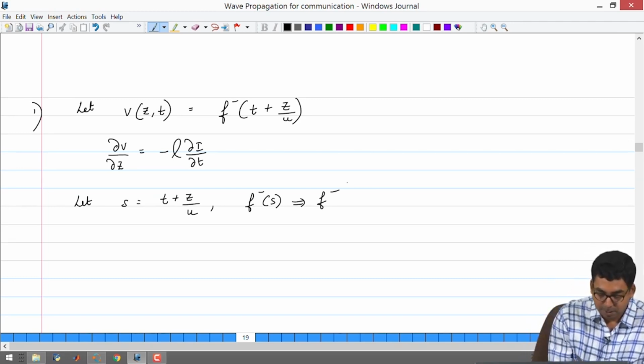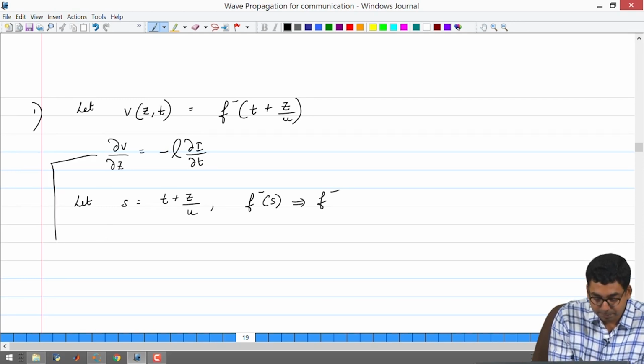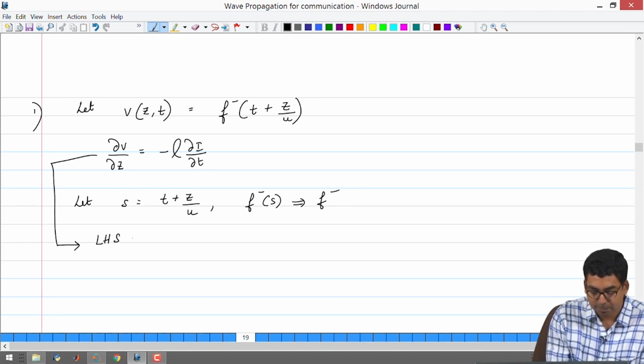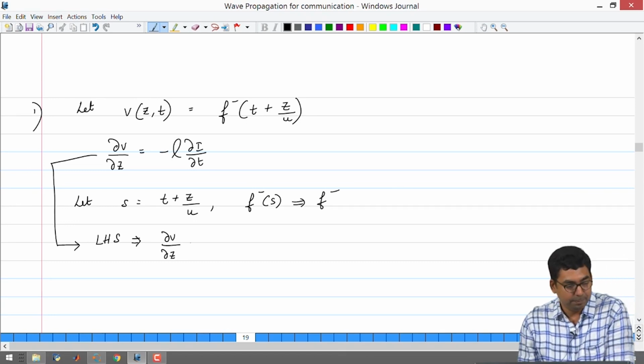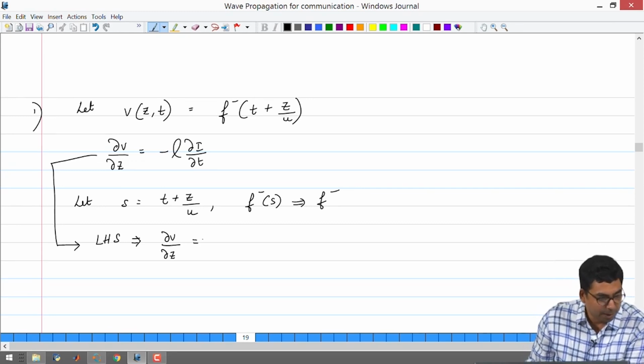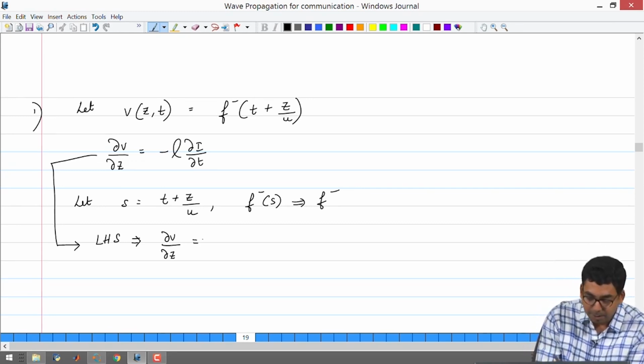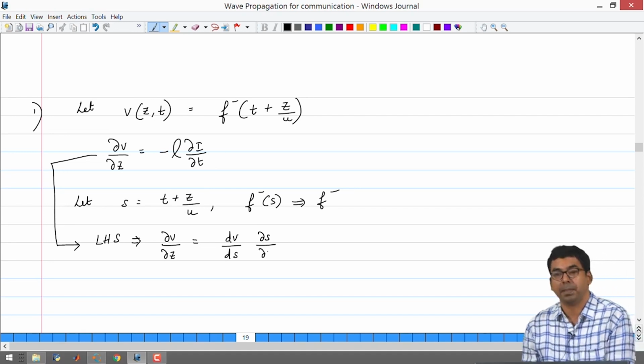Now, let us take the left hand side of the telegrapher's equation. I have dou v by dou z. I can write this down as dv by ds and dou s by dou z.